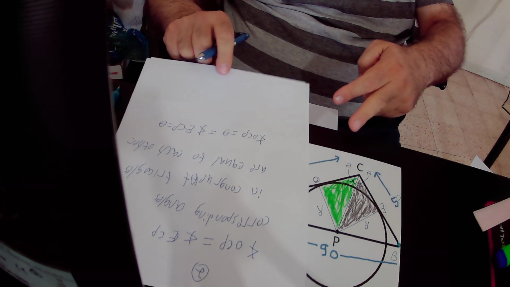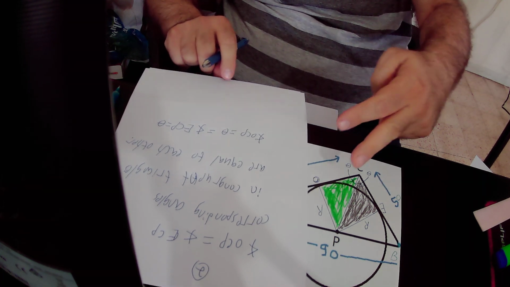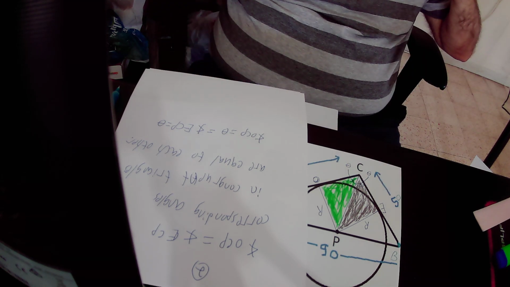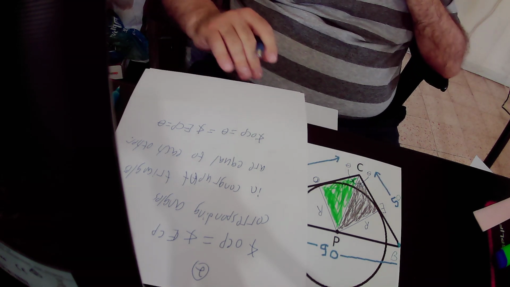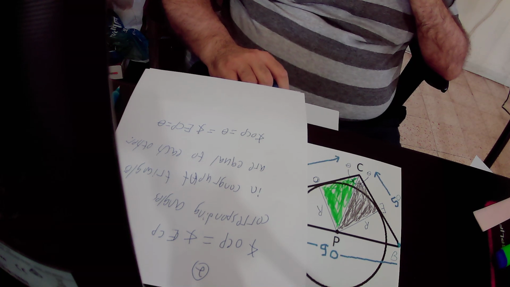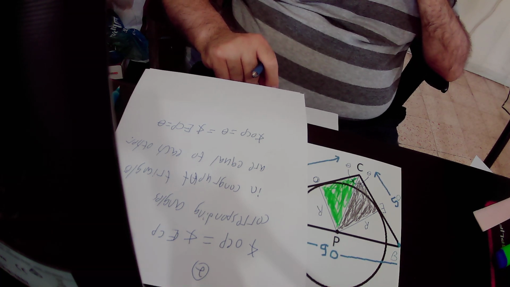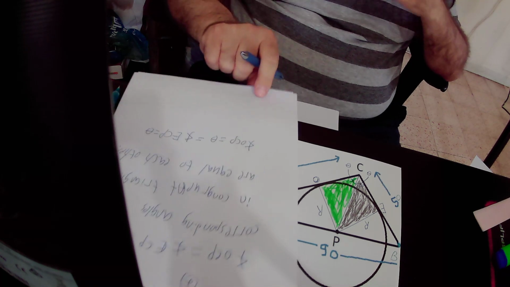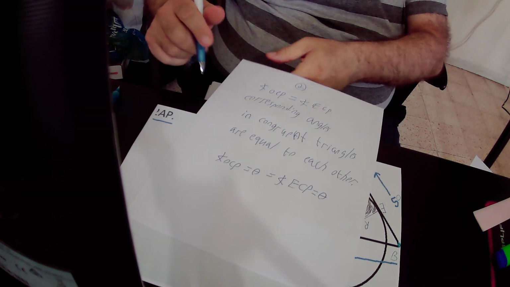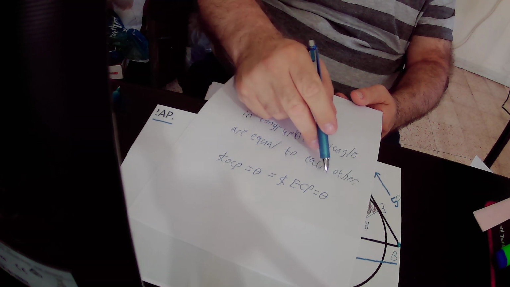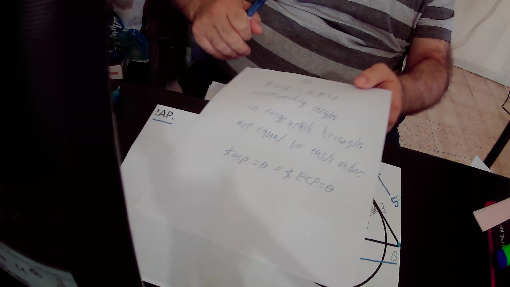Angle OCP is theta, so angle ECP is also theta because they are equal to each other. Angle OCP equals theta equals angle ECP equals theta also.